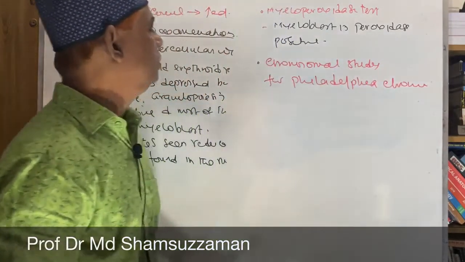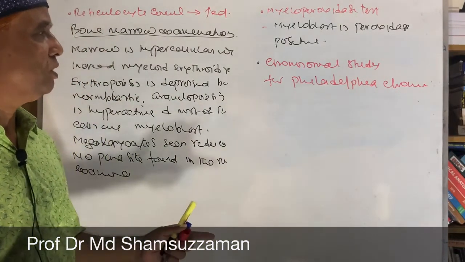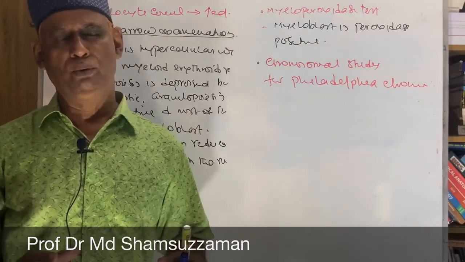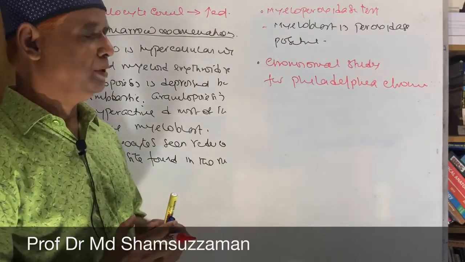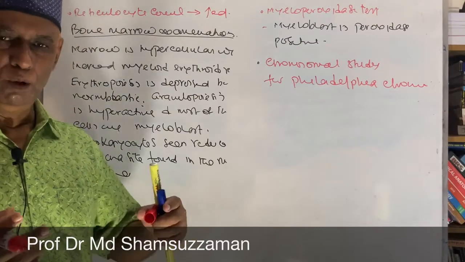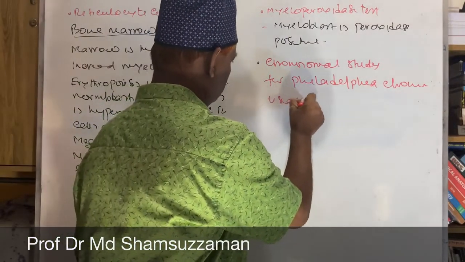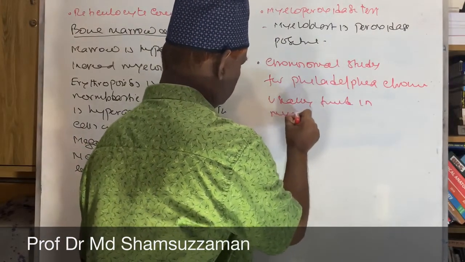If we do karyotyping to identify the Philadelphia chromosome, again we recall that after translocation between the 9th and 22nd chromosome, the 22nd chromosome is called the Philadelphia chromosome, and this Philadelphia chromosome is usually found in myeloblast.